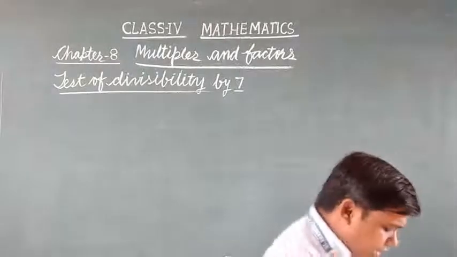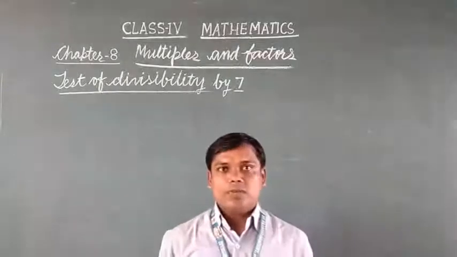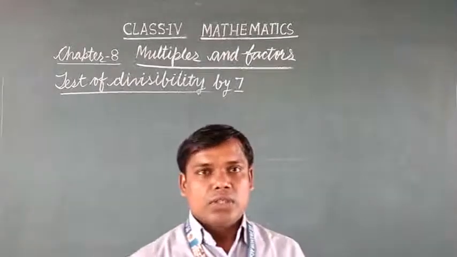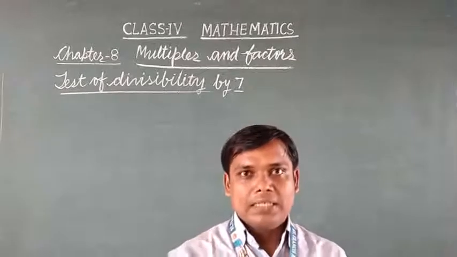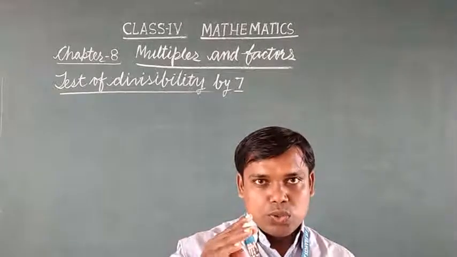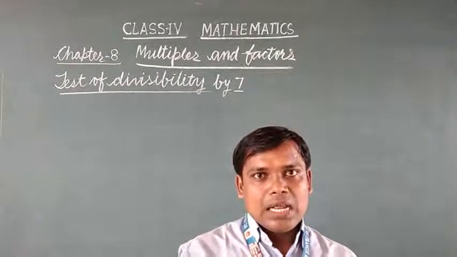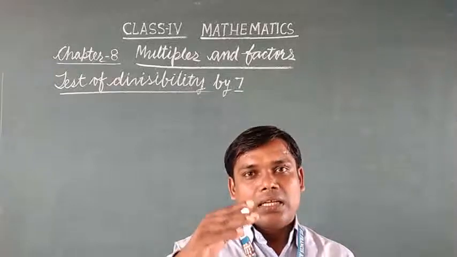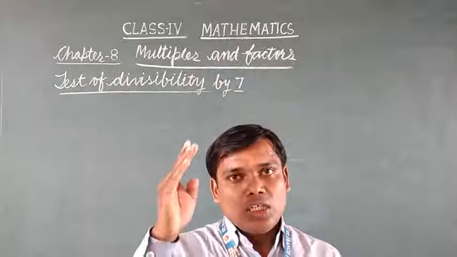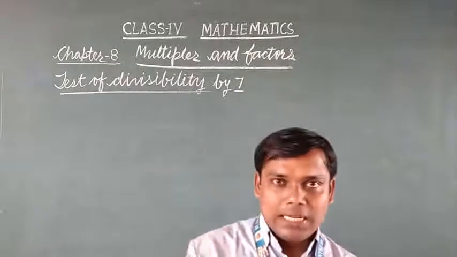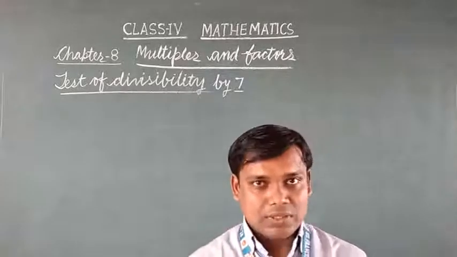A number is said to be divisible by 7 if the number formed by the difference of the number and the last place or the unit place digit multiplied and the remaining number left.